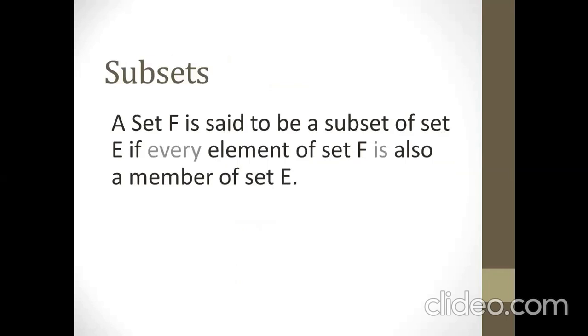Next we have subset. Suppose we have two sets, set E and F, then set F is said to be a subset of set E if every element of set F is also a member of set E. We can understand it by an example.